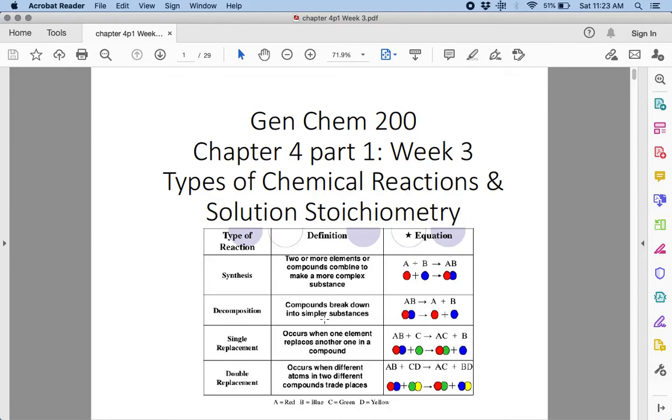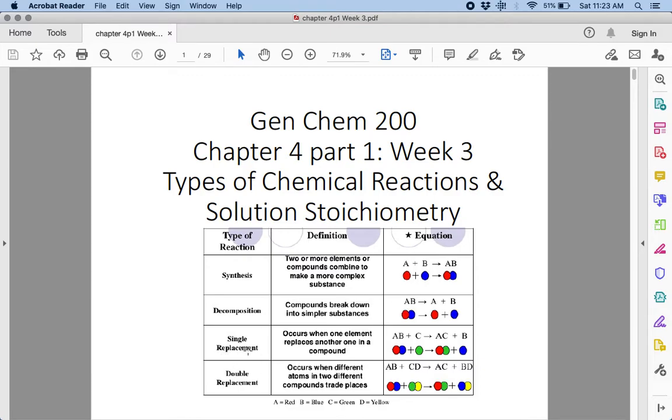When we have a single replacement reaction, you should be thinking about a redox reaction. Some double displacement or replacement reactions will also be redox, but whenever we have a single replacement, that's definitely where your brain should go. The other thing we're going to talk about is this concept of a precipitation reaction, and a precipitation reaction is a special kind of double replacement reaction.